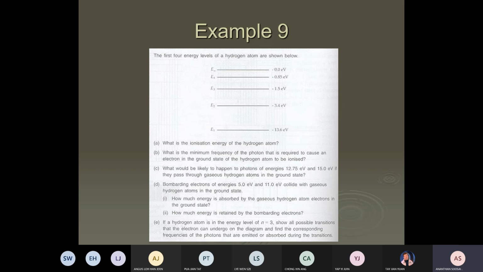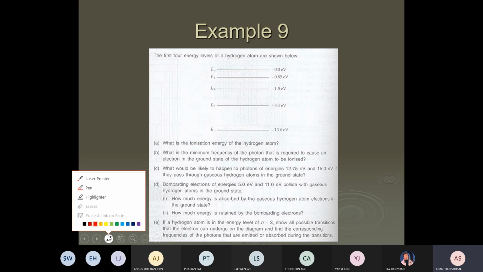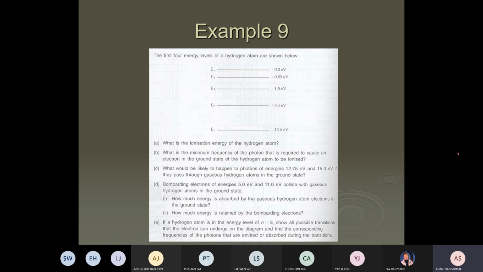So draw the possible transitions from n=3. They want you to draw the transitions from n=3. The electron is at n=3 and it's going down. So 3 to what? 3 to 2, then 3 to 1, right? That's one type.